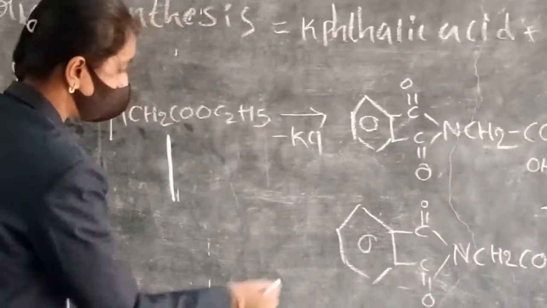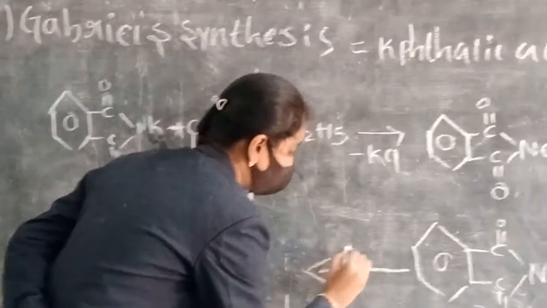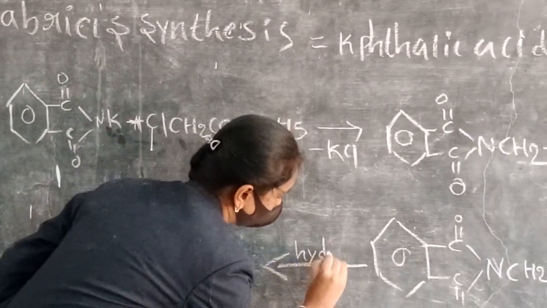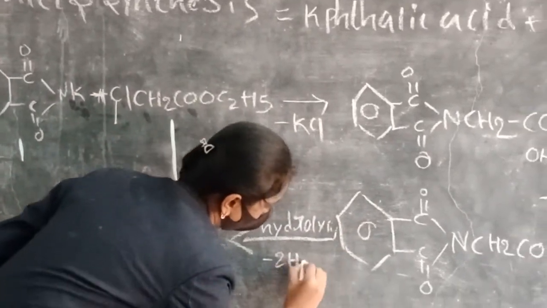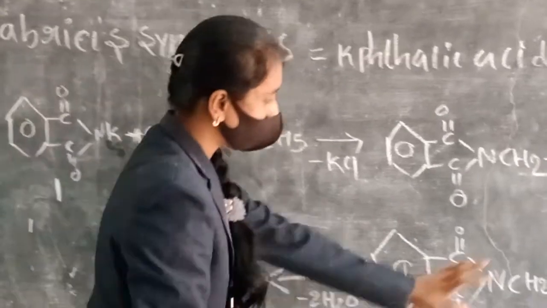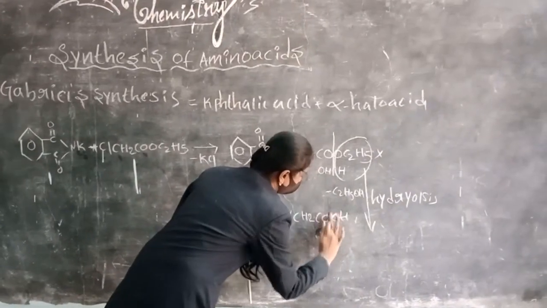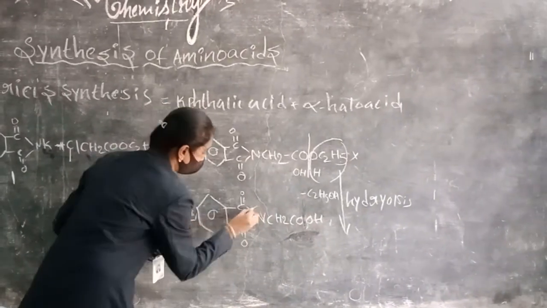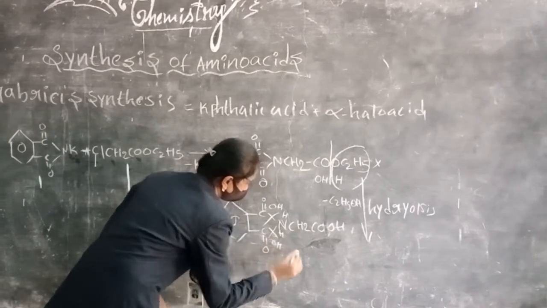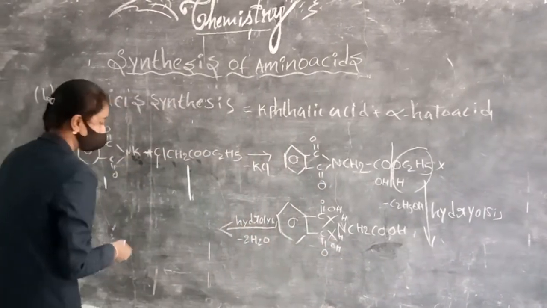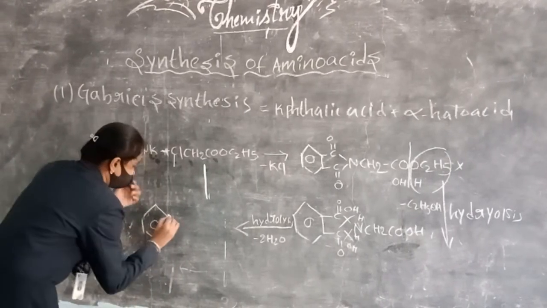From this, it undergoes hydrolysis again, but here two molecules of water take part. Two moles of water should be added. So the obtained products are phthalic acid and glycine.